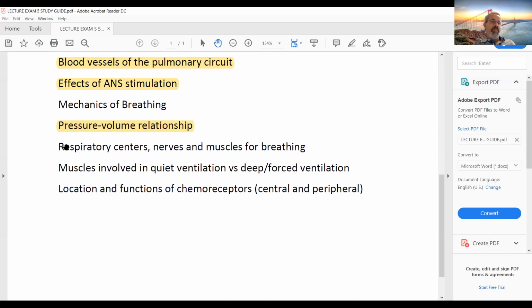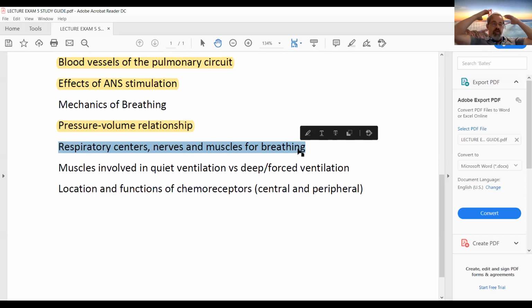Then we backed up and took a look at the beginning, where the respiratory centers are. If you think of the respiratory center, this is really the center of the breathing universe. This is the master conductor. This is where the nerve impulses start, and of course that's in the medulla, and they generate impulses that go by way of those nerves.